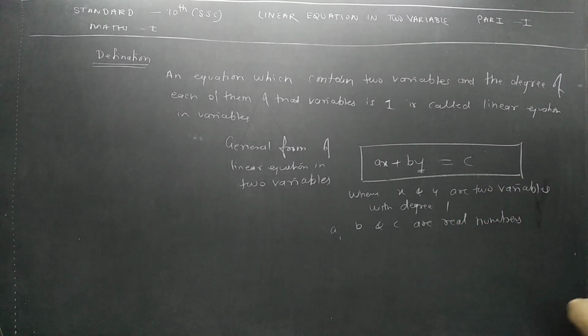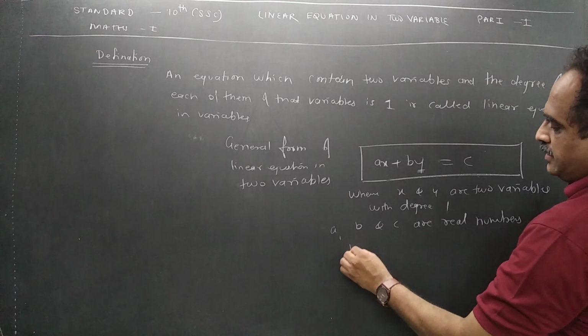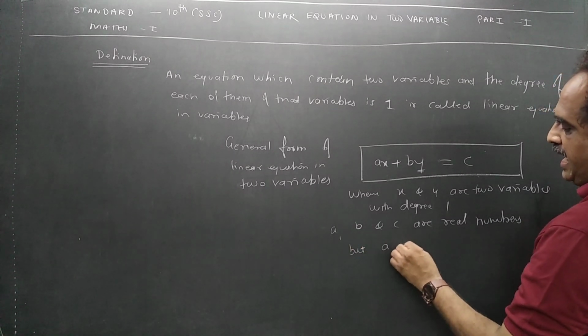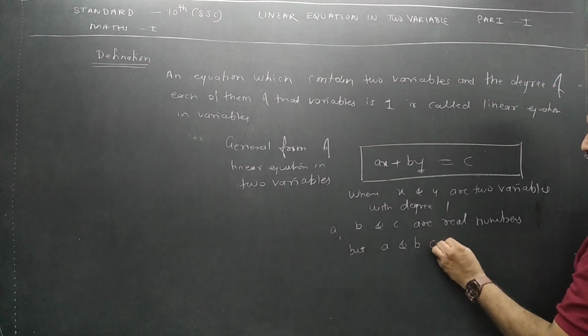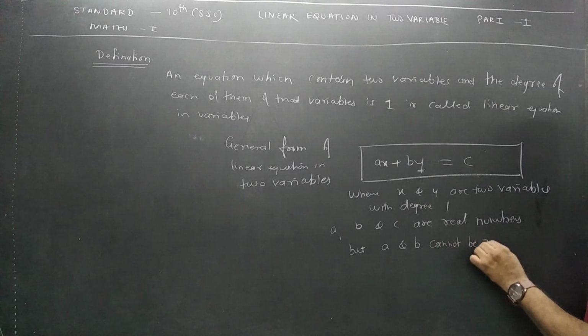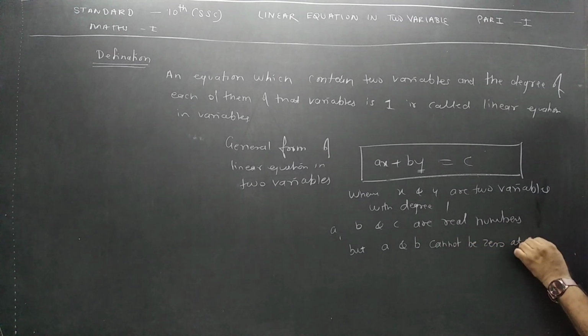Real numbers may be natural, whole, integers, rational, irrational, कुछ भी हो सकते हैं. Okay, but a and b cannot be 0 at the same time.